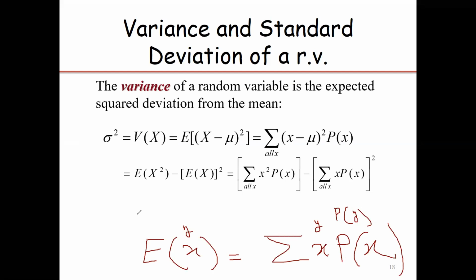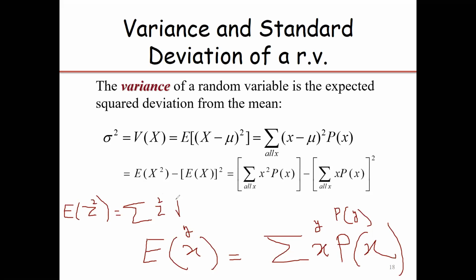If you are interested in the expected value of z square, then it will be equal to the summation of z square into pz. There will not be pz square; it will be z square times pz. It is known as the mean of z square. So here we have the mean of x square.